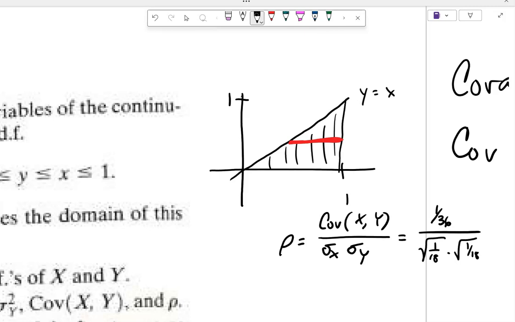So you do the square root of each of those. However, in this case, I can simplify it a little bit. Since they're the same number, that just turns out to be 1/18 on bottom, and so you end up with 1/2 when you're done. So this gives you a little bit of a measure. The closer to 1 this gets, the more correlated they are. So we call this the correlation coefficient.